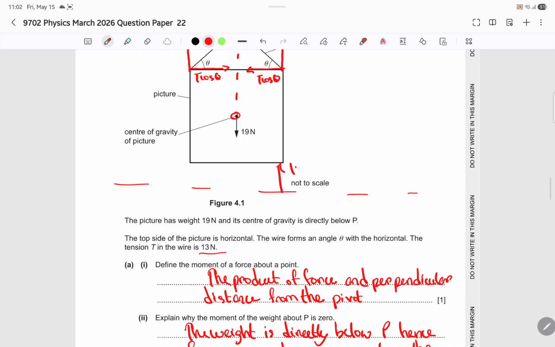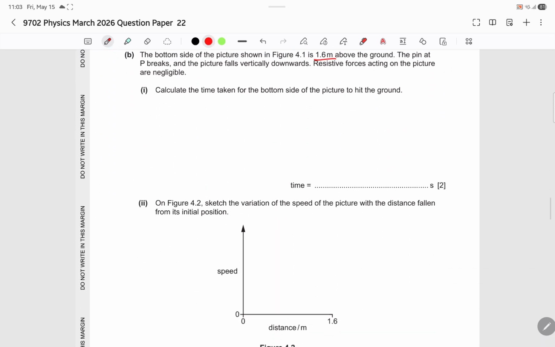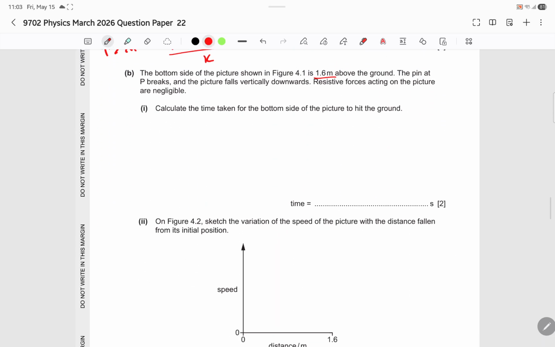So this is 1.6 meters and this is the ground. And the pin breaks and the picture falls vertically downwards. The resistive force acting on the picture is negligible. That means no air resistance, nothing. Calculate the time taken for the bottom side of the picture to hit the ground.